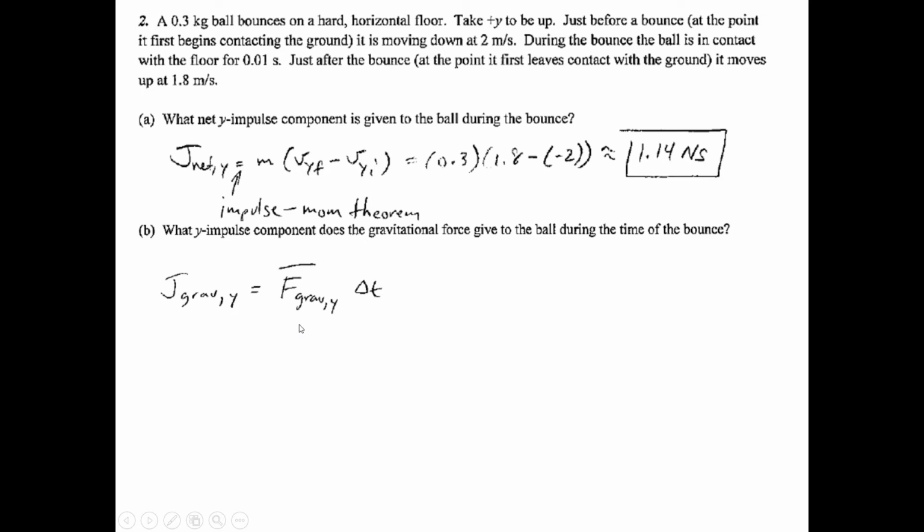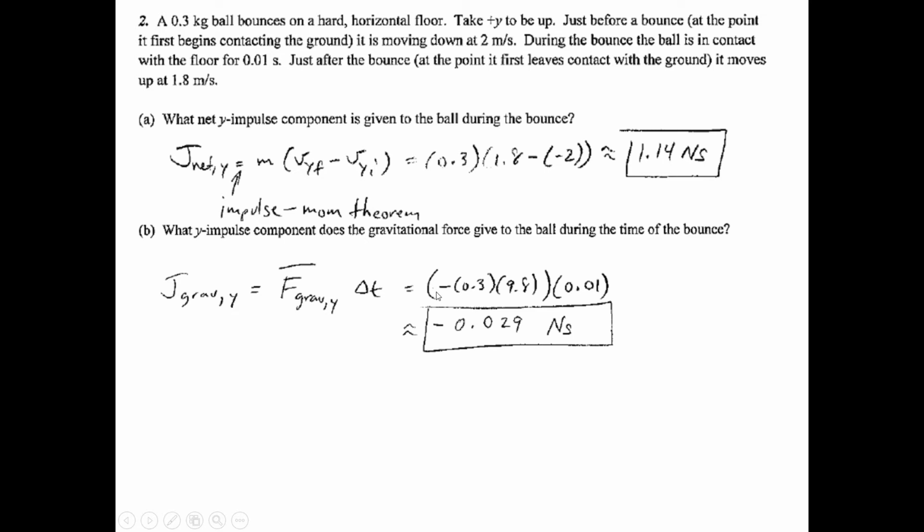The average is just the weight because it's not changing, so we don't need to do any averaging. This is the gravitational weight force y component, and it's negative, so I put an extra minus sign in there, and the magnitude is mg. The delta t is 1/100th of a second, so I multiply all that together and I get minus 0.029 Newton seconds.